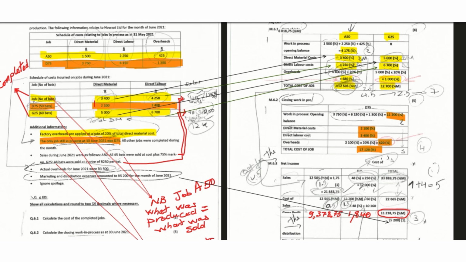So basically, I can see that the first job and the second job and the third job were completed. So G25 was completed, and I suppose the first one is A50, because there is no other way that it could be. So perhaps there was a mistake on the paper. They failed to write A50 there. So just pay attention to that.